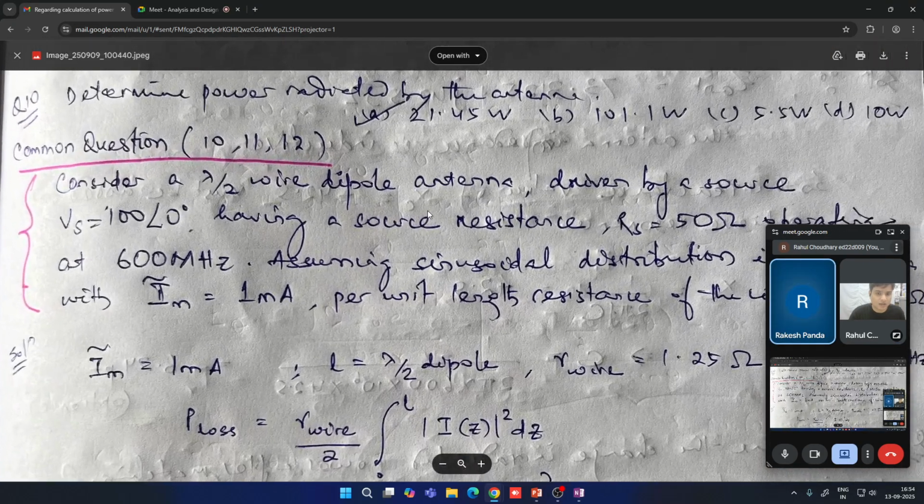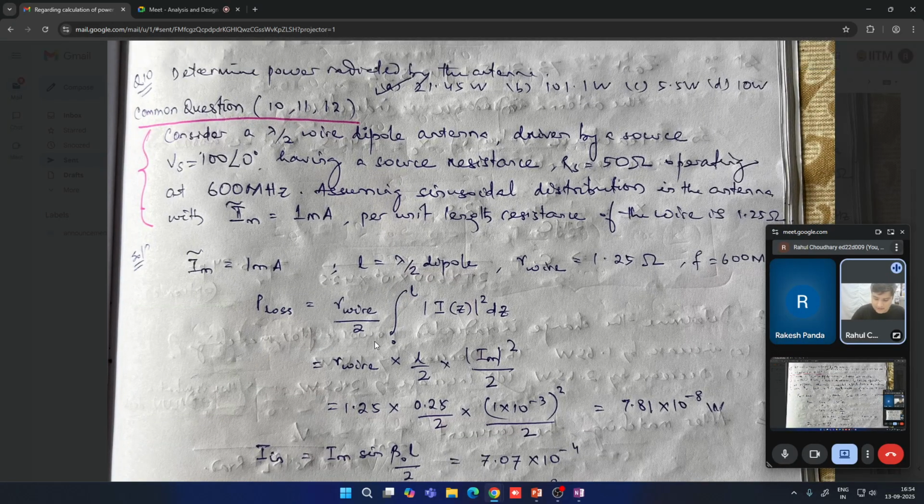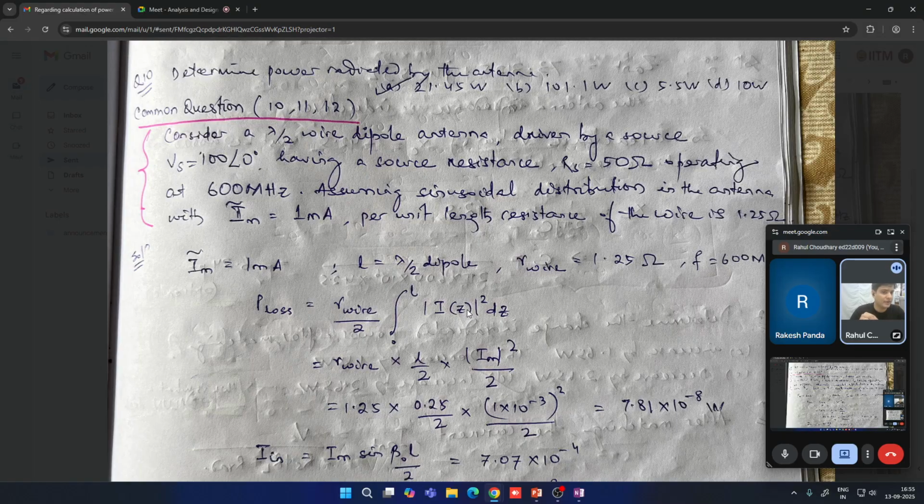Yes, sir. So Iz is nothing but what I did in the next problem when I solved it. Instead of solving the loss like that, I directly calculated the whole loss. But here, this I of z is for a small element, and if you want to calculate throughout the length L of the wire, then that's what Iz is.